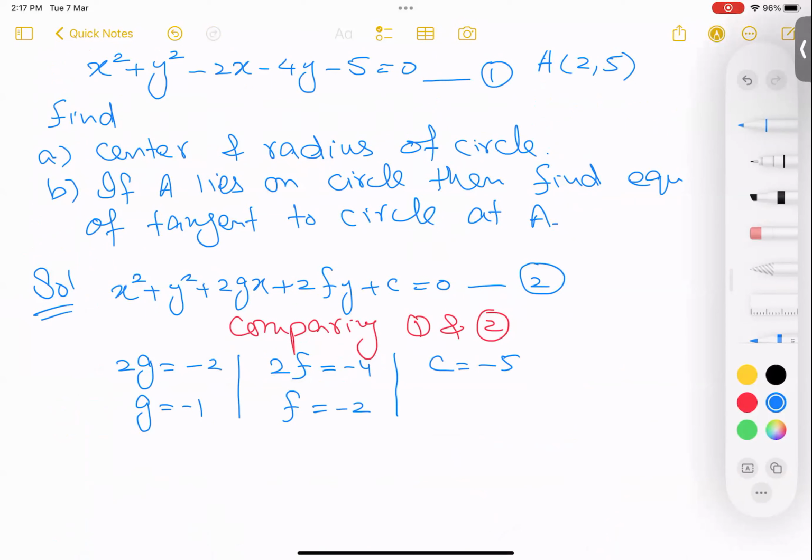And you remember, in the last class I explained that the center is always -g and -f. So when I plug in this -1 in place of g, minus into minus becomes plus. Same way, this -2 goes in place of f, minus and minus become plus. So the center becomes 1 and 2. The center is very clear.